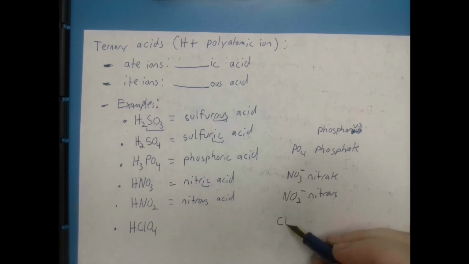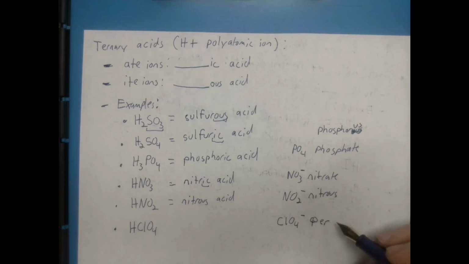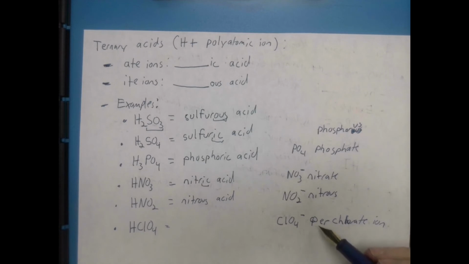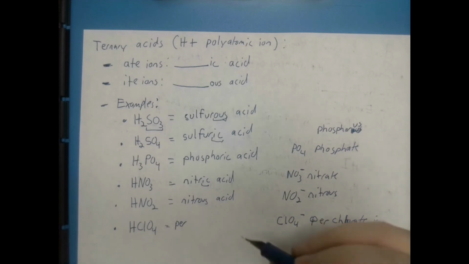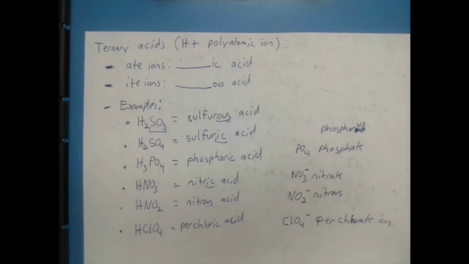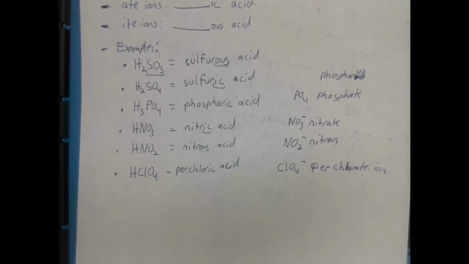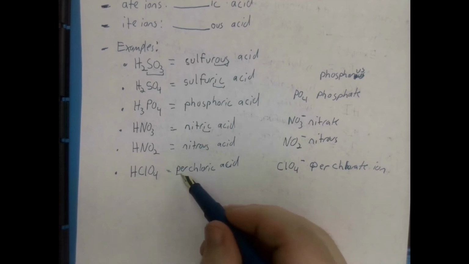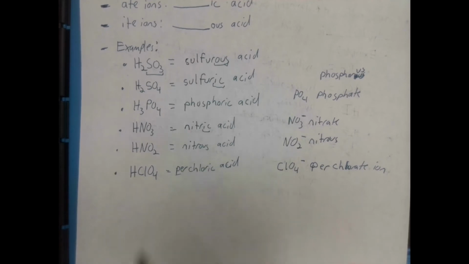So recall that ClO4 negative is called perchlorate ion. So in this case, we keep the per, and this just becomes perchloric acid. So whatever prefix, if it's hypo, per, or hyper, the prefix is kept.